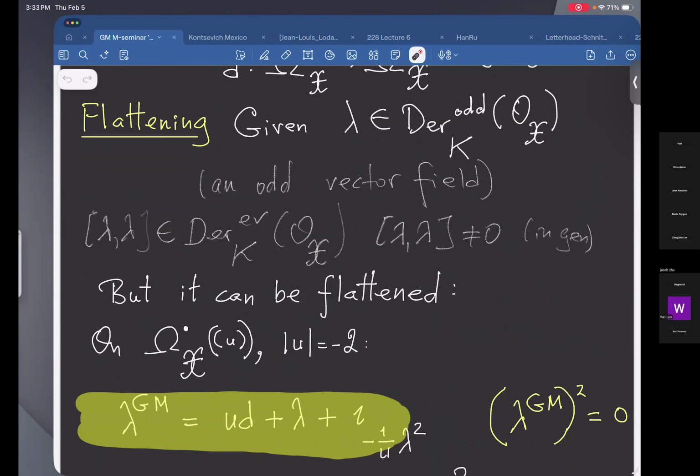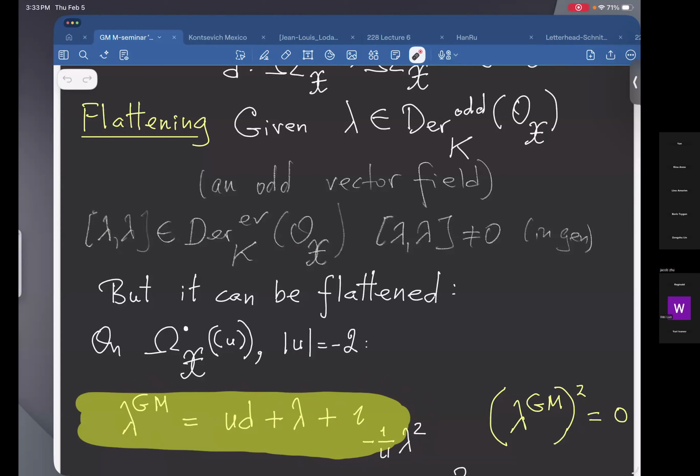Then its flattening is an operator of total degree -1 on forms. It's u times d plus your vector field plus this extra term, which is contraction.